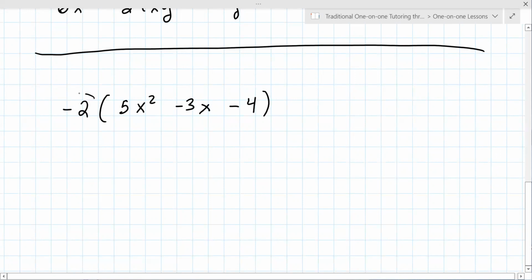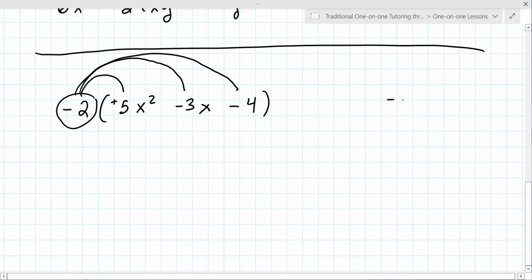So you're multiplying each of the numbers by -2, and you have to account for the signs. So negative times a positive is always a negative. Two negatives make a positive. Okay, so go ahead and give this one a try, please.